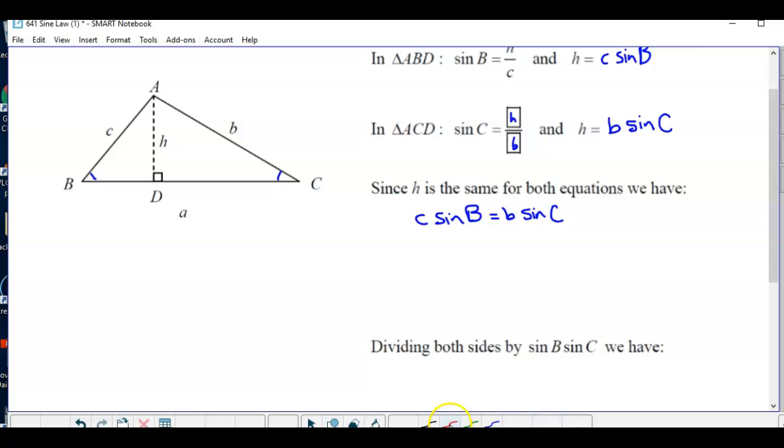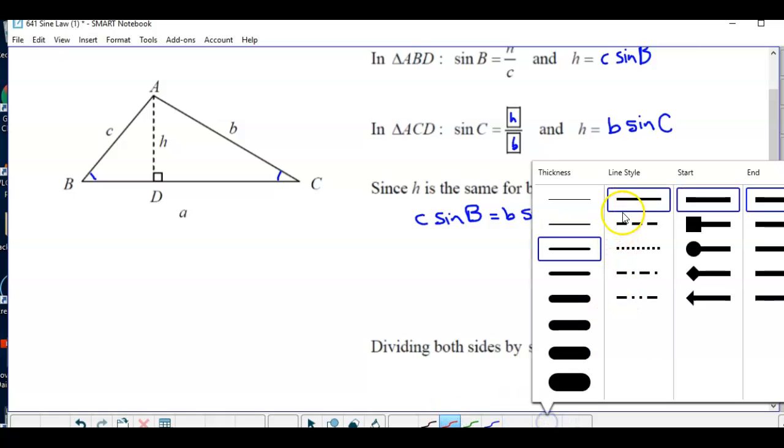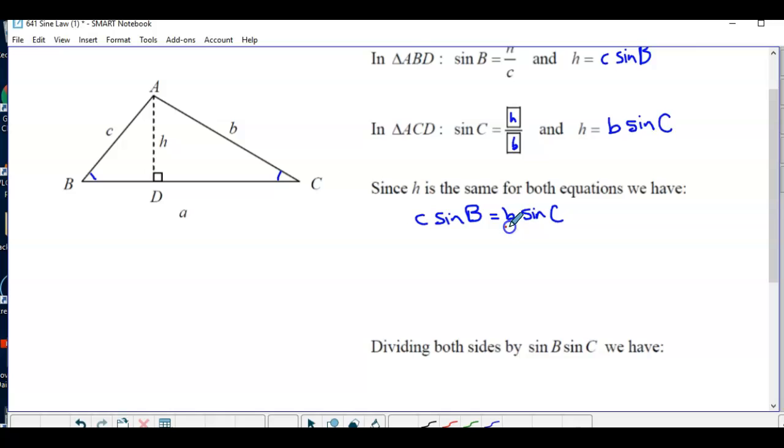So I'll do that up here: divide by sine B sine C, and over here by sine B sine C. When you do that, these divide out and these divide out.